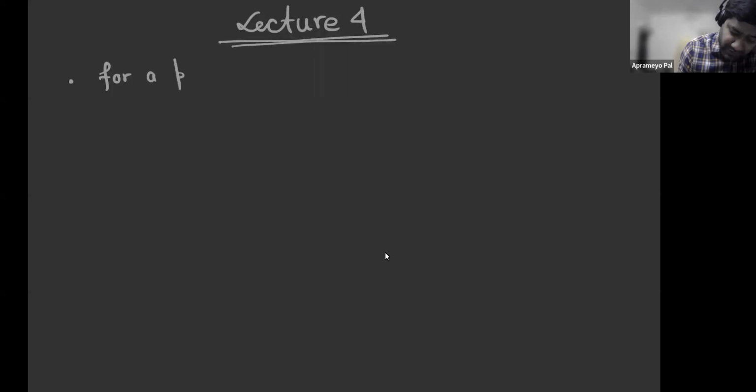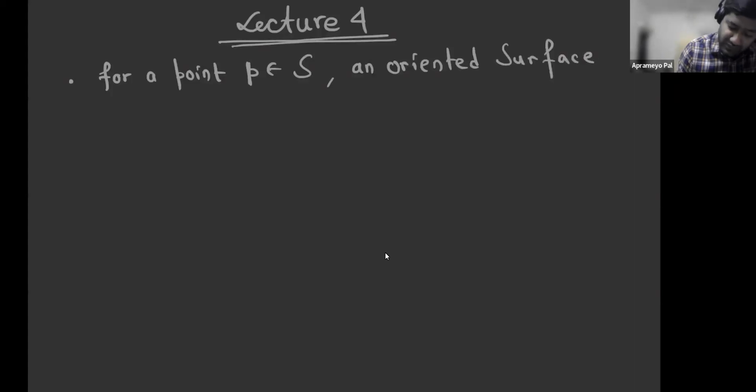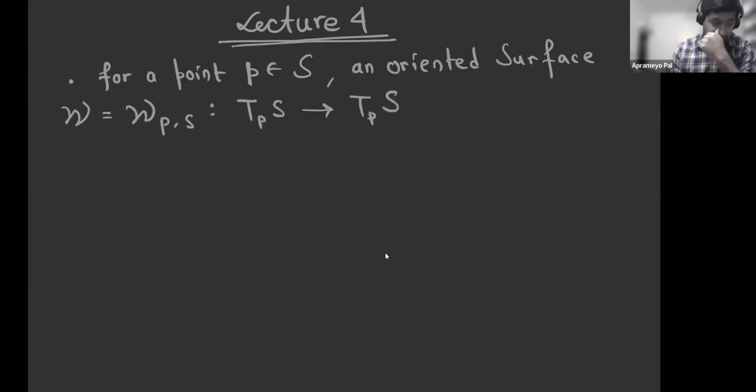For a point P in an oriented surface S, we have the Weingarten map, which we will now just call W. This is a map from the tangent plane to the tangent plane. And we know that this is a linear map.